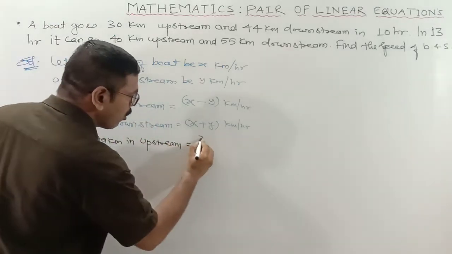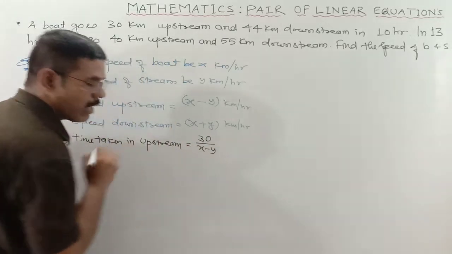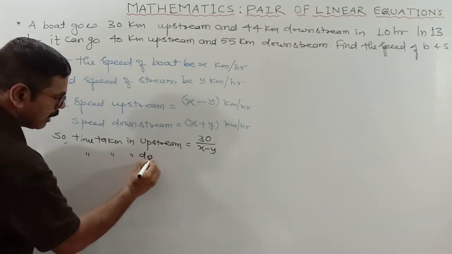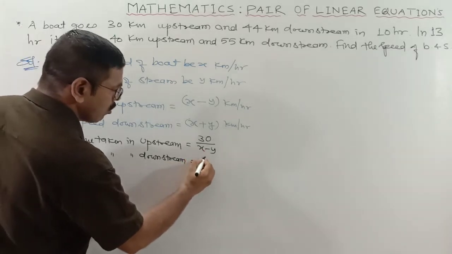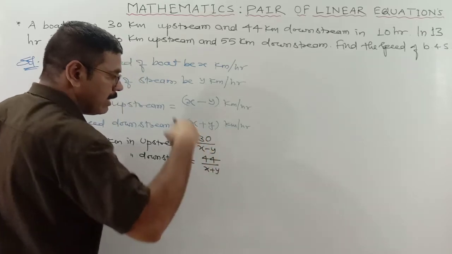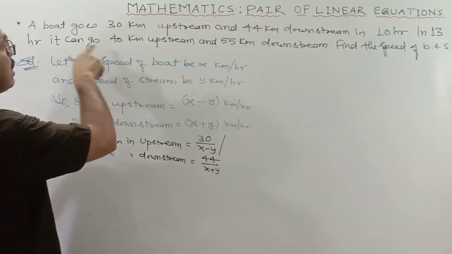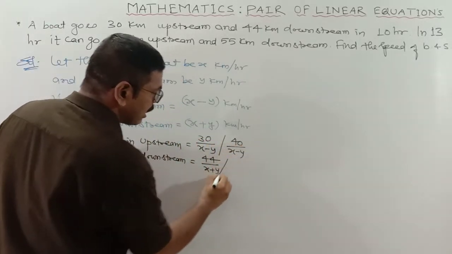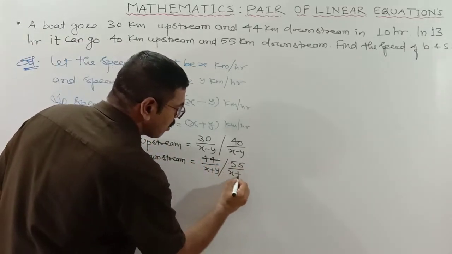So 30 upon x minus y for upstream, and time taken in downstream is 44 upon x plus y. In the second case, 40 kilometer upstream, so 40 upon x minus y, and in the second case downstream 55 upon x plus y.